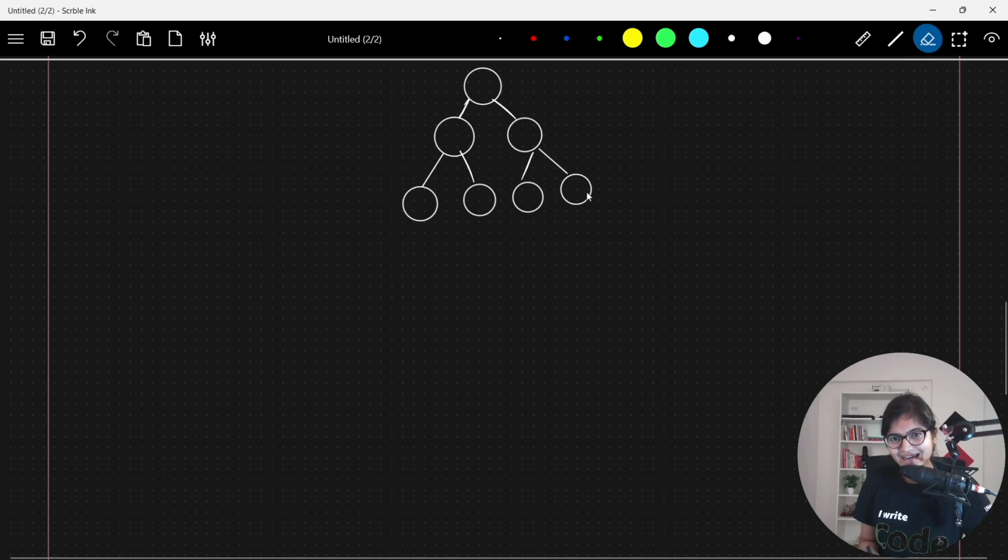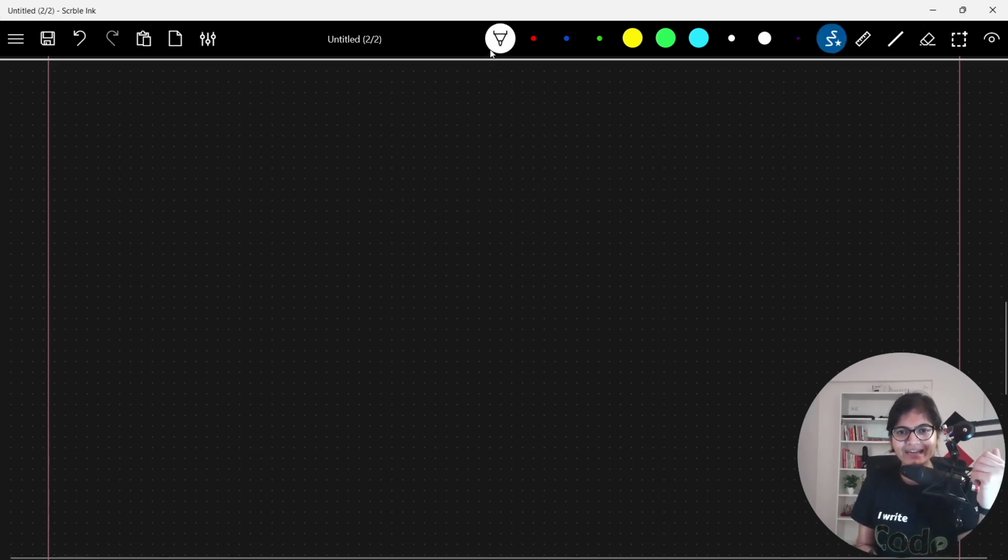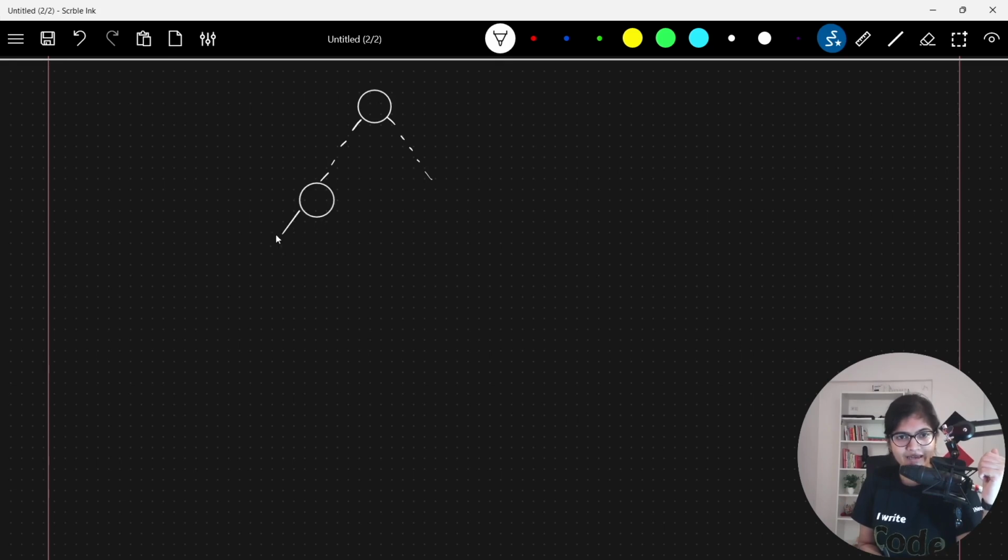Consider that at the very last level there is some very large number of nodes, so you can assume that a lot of nodes are there in between, and we are creating this kind of structure.